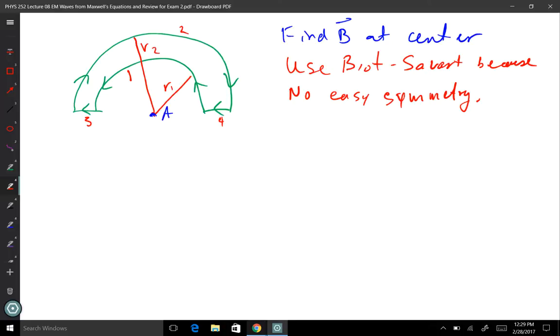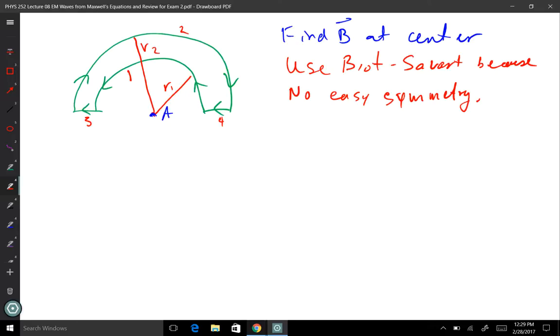It's going to be going in, right. What about section 3? It's not going to make a magnetic field there because the magnetic field from 3 is always going to be doing loops like this. It's not going to have anything on the axis of that wire, no matter where you are. And what about section 4?